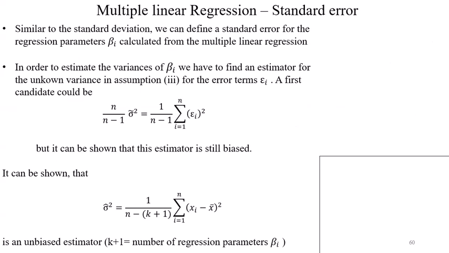And remember, when we introduced an estimator for the variance in general, we said that an estimator for the variance would be the sum over all errors divided by n minus 1, where we could then show that this is in general unbiased.